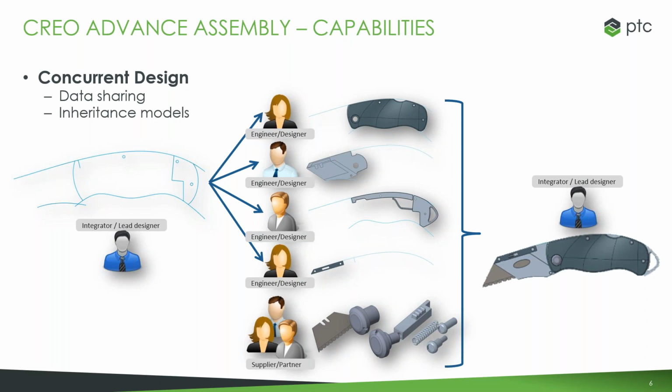Inheritance models are useful. This is something you get with advanced assembly that allows you to have one-way change propagation. So you can define an inheritance model, for example, to go to new product updates, or to go to manufacturing, or to go to analysis. What they're able to do is create a one-way associative model where they can make changes to their model, their assembly.